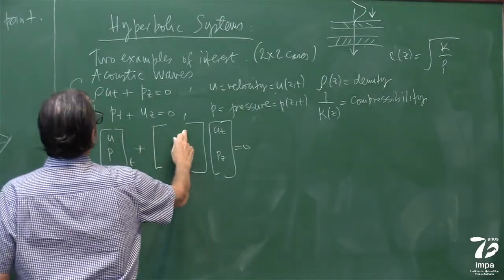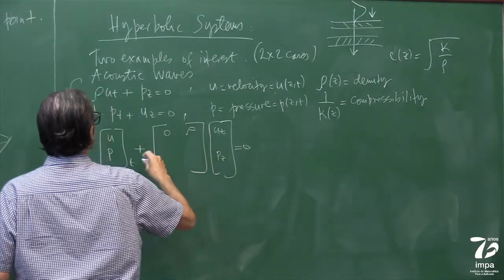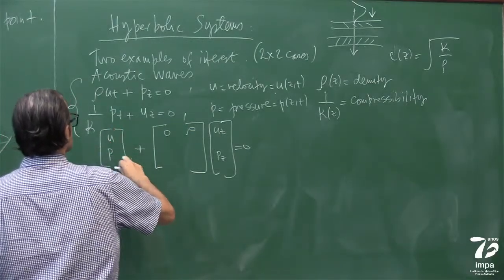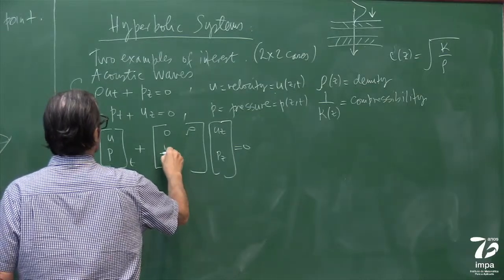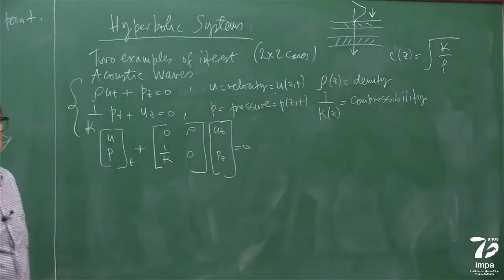So u_t is equal to, rho, and p_t is equal to, okay?